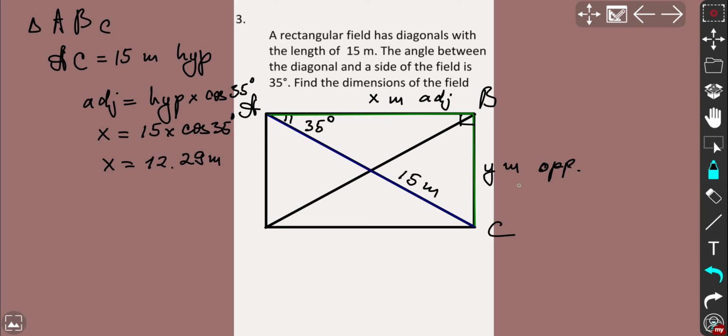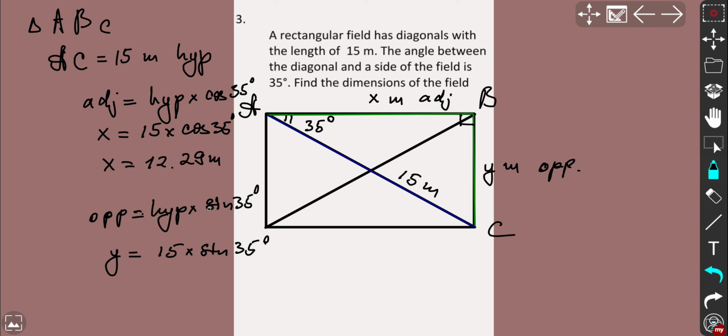And for the opposite side, we can set up a similar trig ratio. It's the hypotenuse times sine of 35, so y is simply 15 times sine 35.